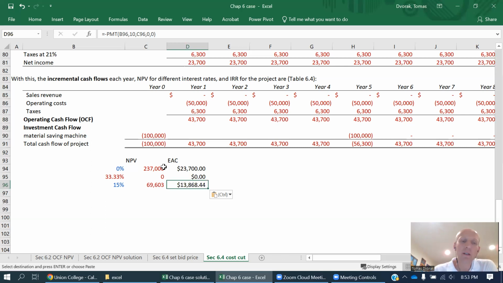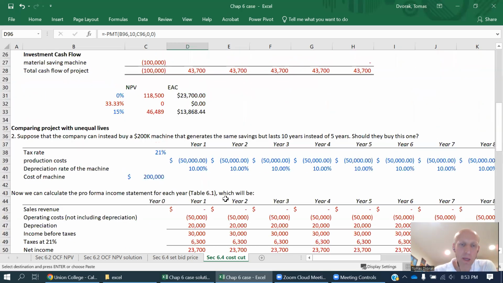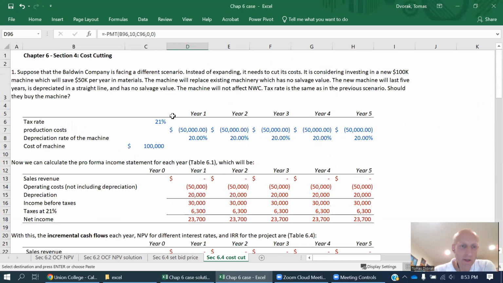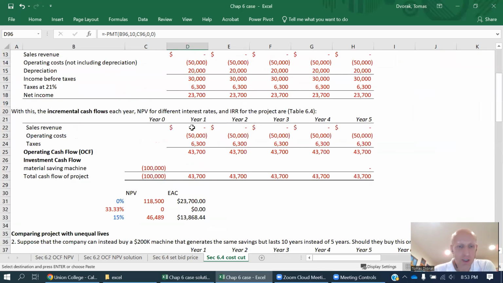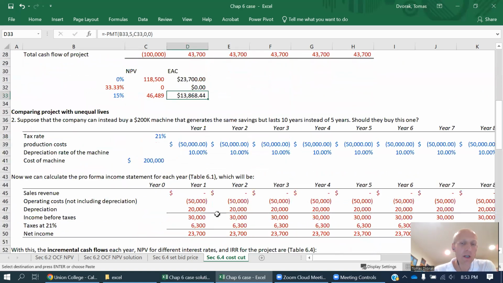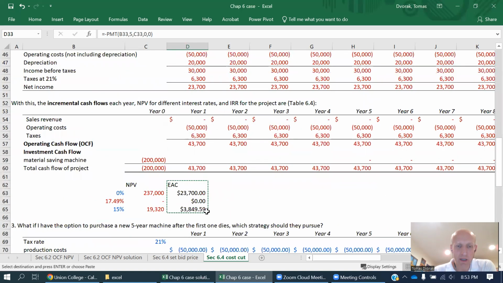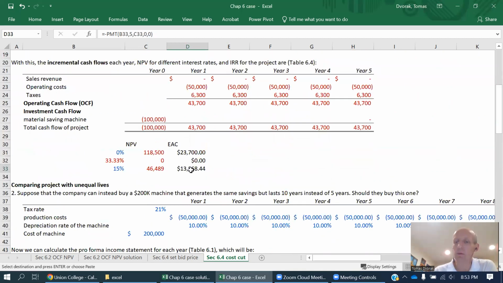In this case, clearly, comparing the 5-year machine, equivalent annual benefit is 13,000. Doing the 10-year machine, the equivalent annual benefit is only 3,000. So clearly doing the 5-year machine is better than doing the 10-year machine.